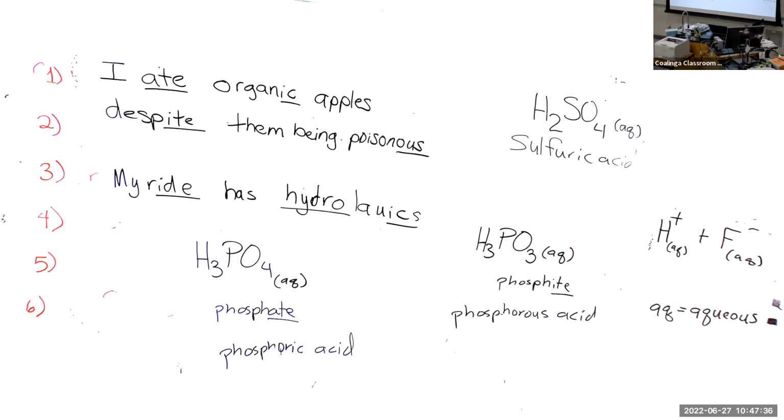So what if I have H2SO2? This would be called what? Hypo. So normally it'd be sulfite, but now we're replacing the ite with the ous.